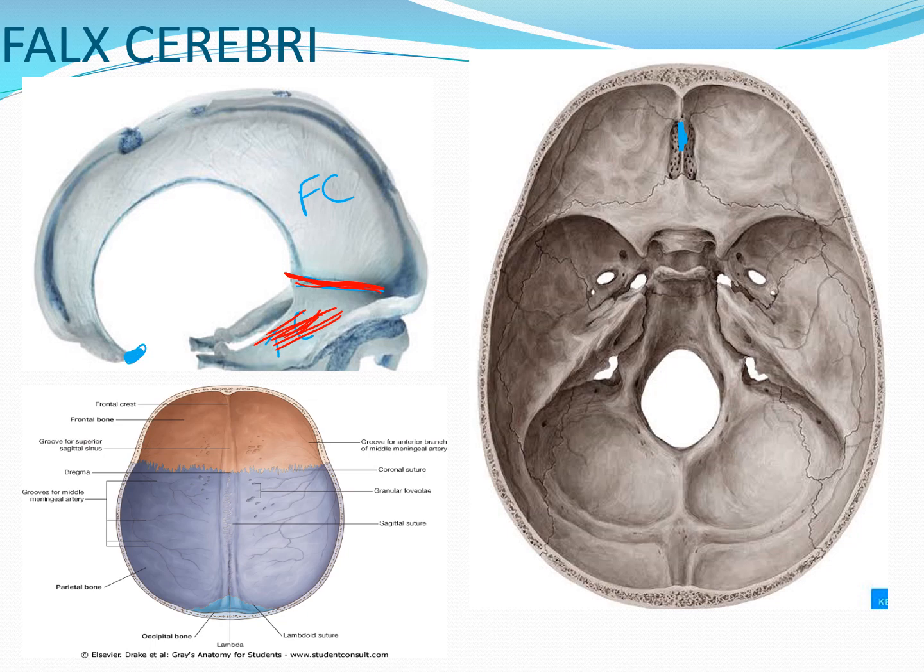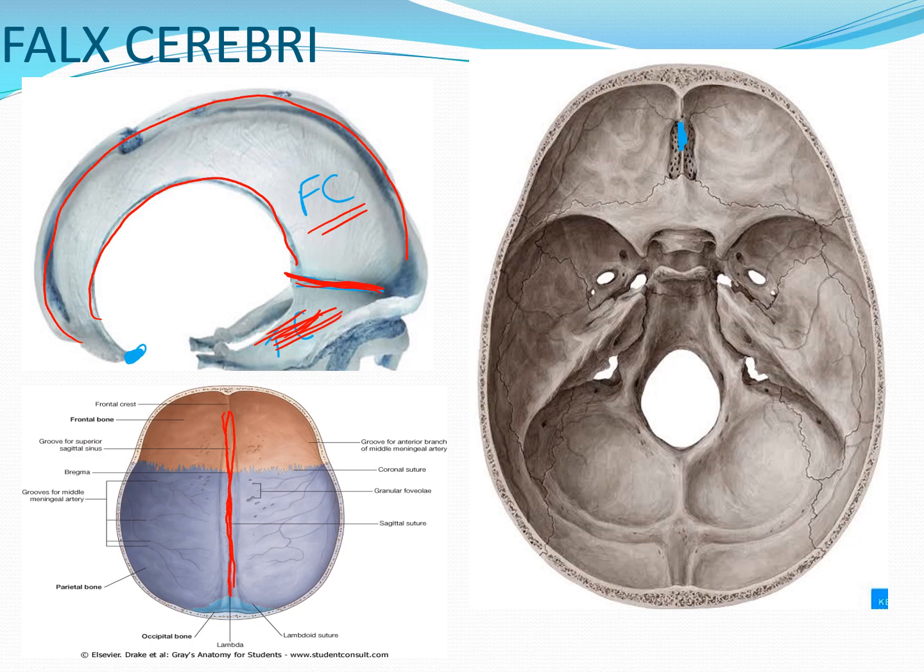So this is the posterior attachment of the falx cerebri. Then we have the upper convex border, which is attached to the sagittal sulcus in the vault of the skull. Then we have the lower free concave border. So that is about the falx cerebri.